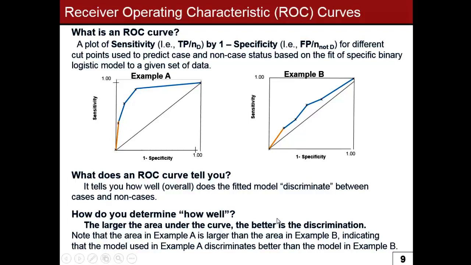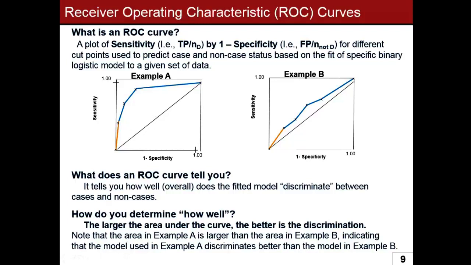That's important feature A. What that really means is that when the area is high, the curve moves into the upper left. If it's on this line, it's not good prediction. The more into the upper left it goes, the better, and the area goes up.